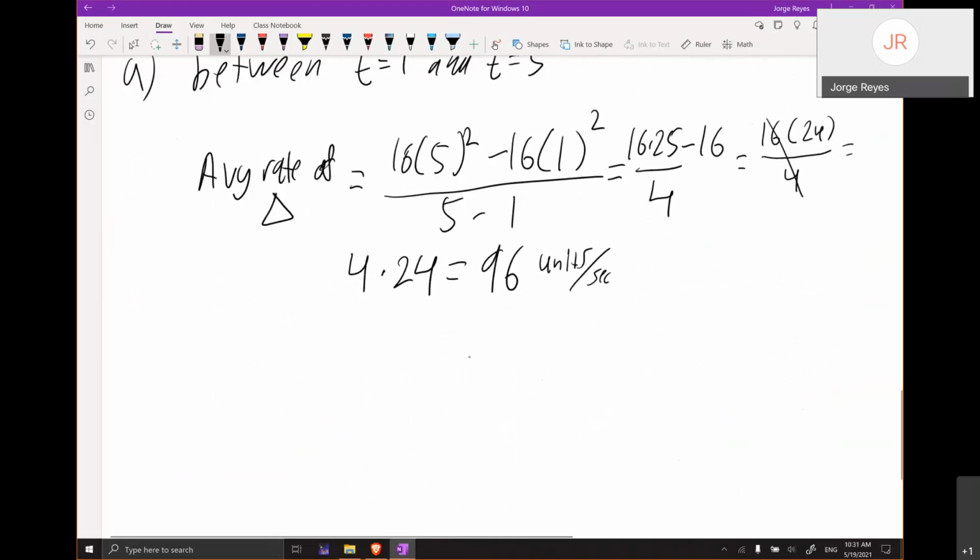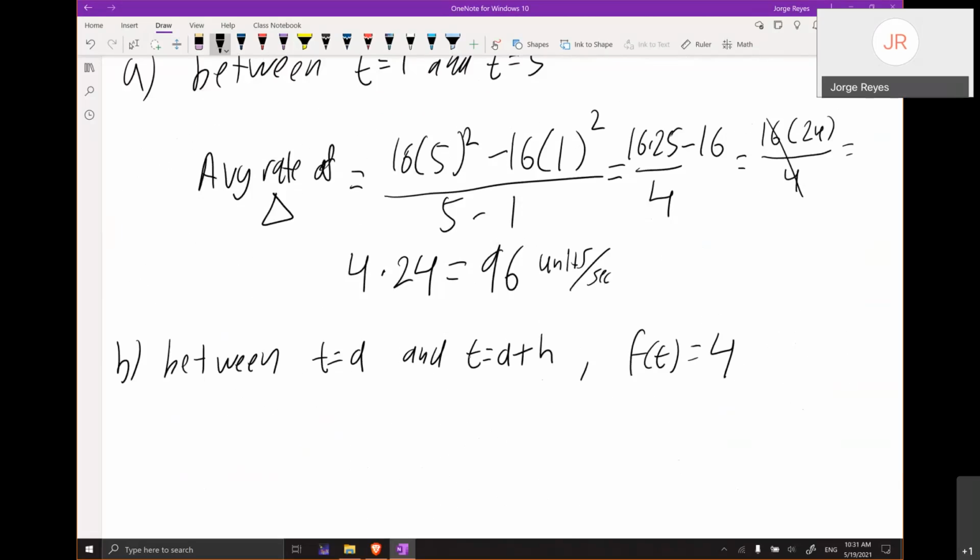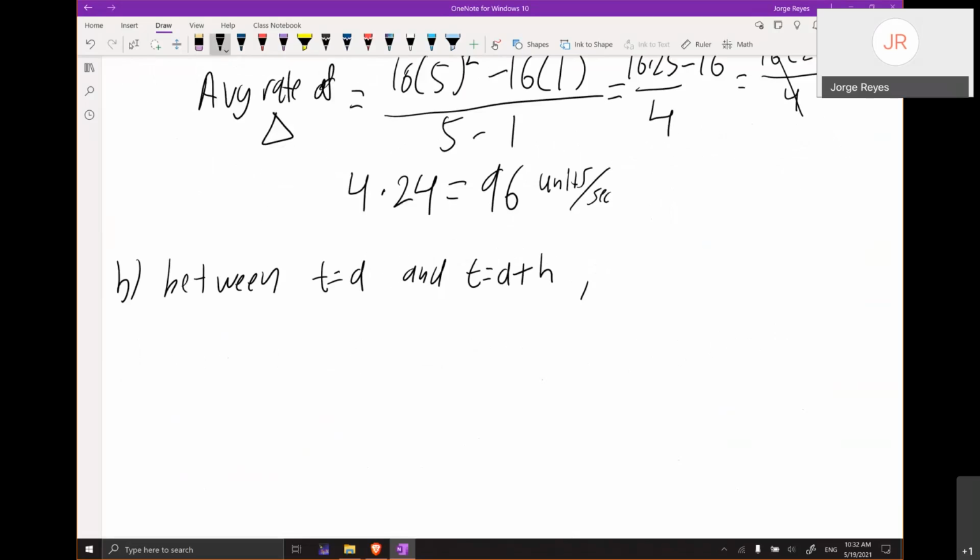But now for part B, they want you to find the average rate of change between t equals a and t equals a plus h. Which is a little weird, but it's actually very important. Average rate of change.